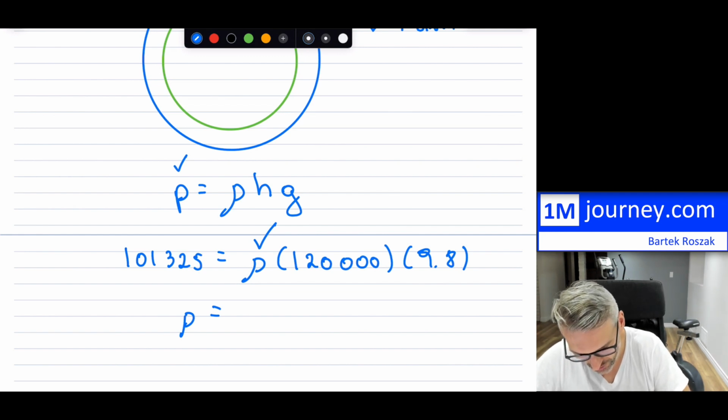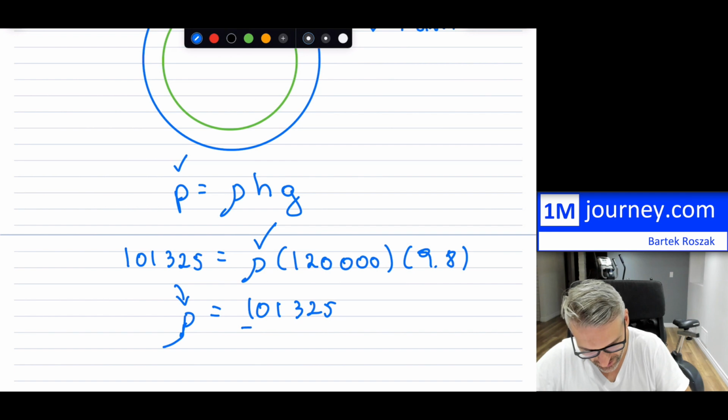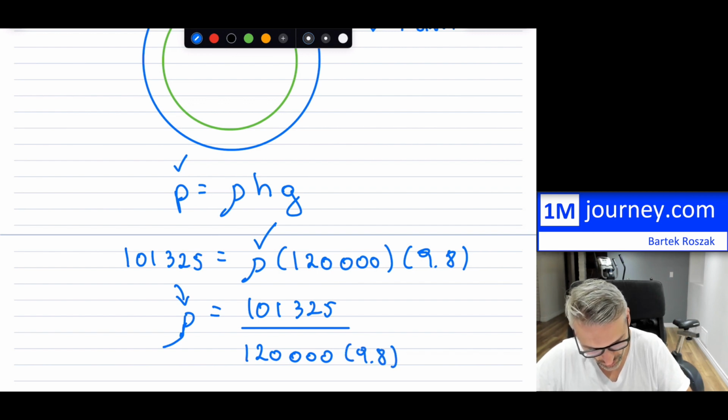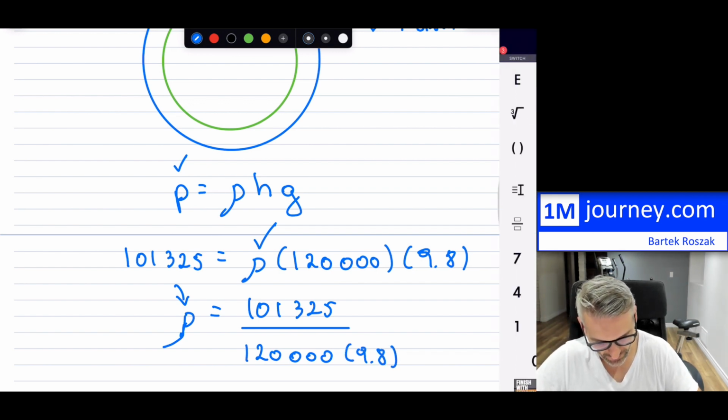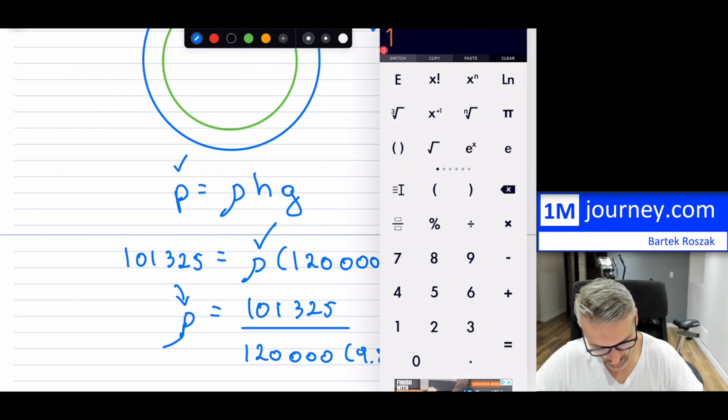So I have to be careful. This is density. Be careful how I write it. So I write it as a rho. And this would be 101,325 divided by, in the denominator, 120,000, and then also the 9.8. So if I take out my calculator, 101,325 divided by 120,000, and this is times 9.8.